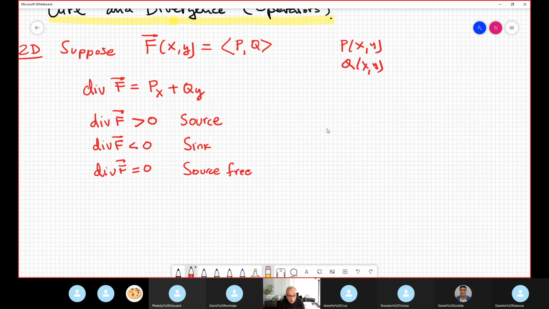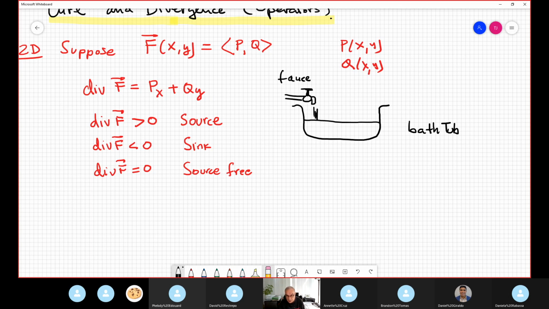Suppose now, okay, let me try to do my best drawing skill. This is the bathtub. This is the faucet. And here we have a drain.